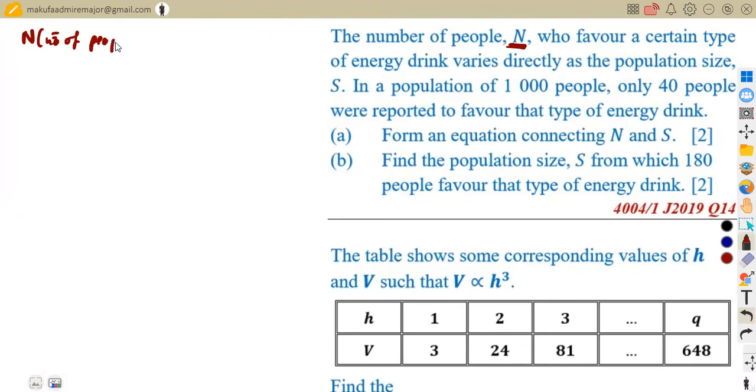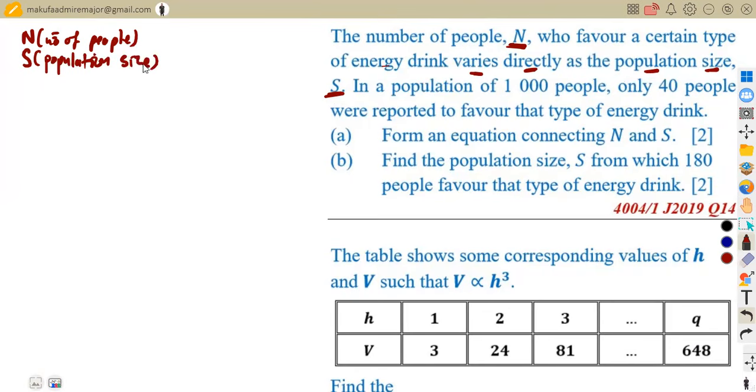We see the number of people who favor a certain type of energy drink varies directly as the population size. So this is not a partial variation. It varies directly as the population size S. The population size is S, so S is representing the population size in this case, all right?